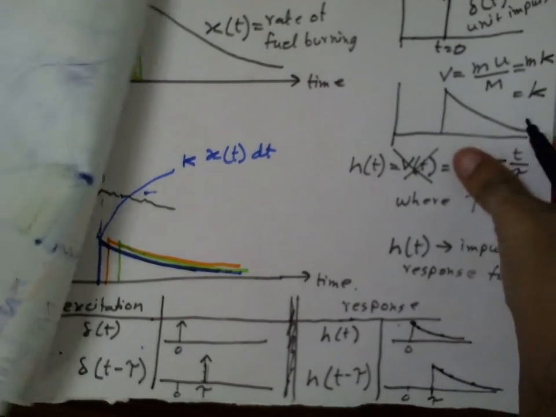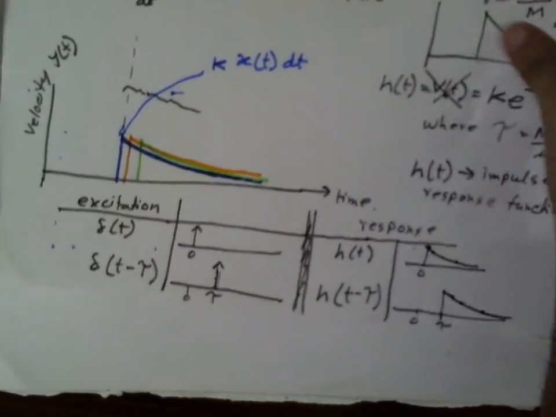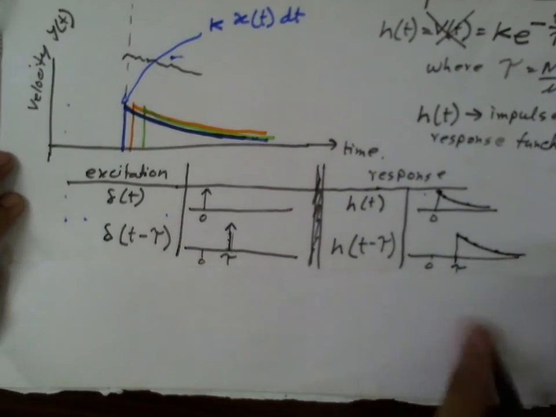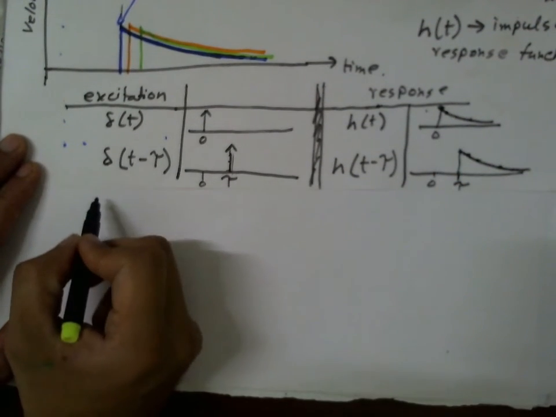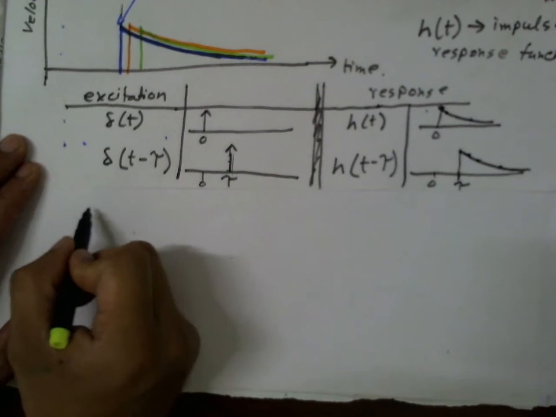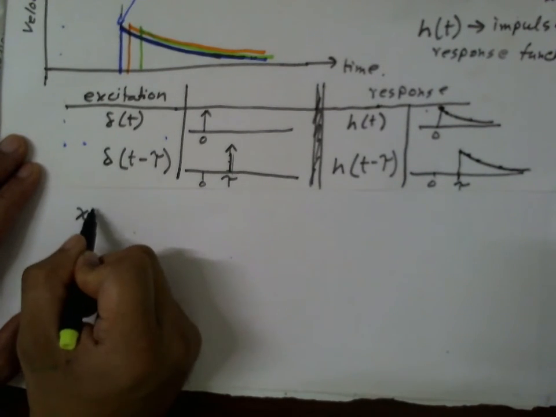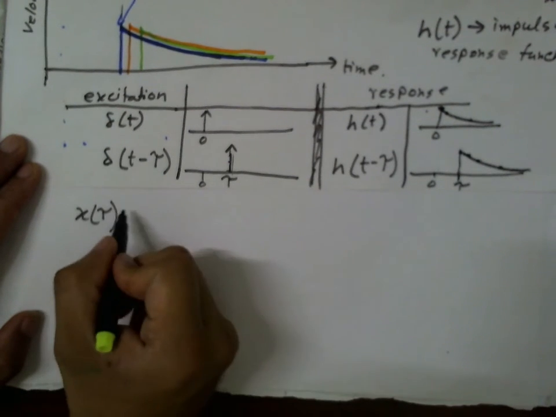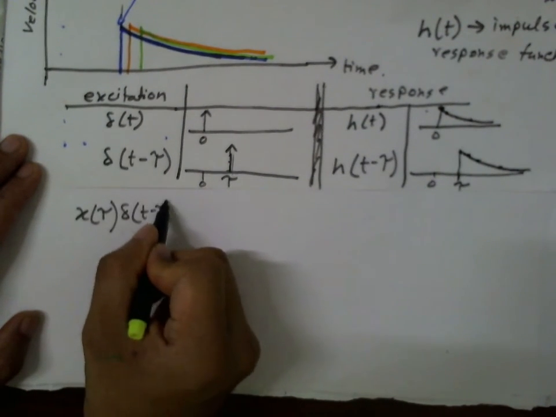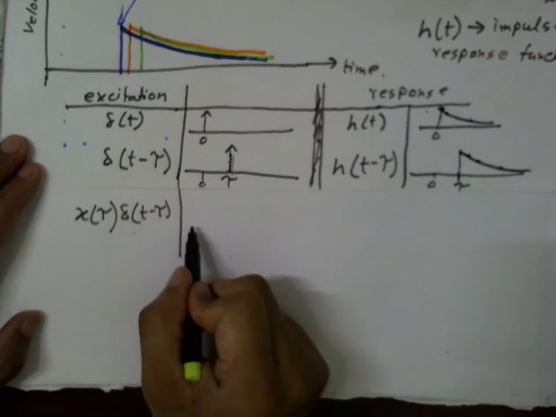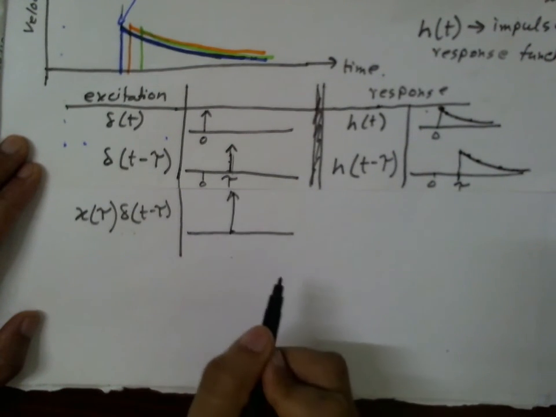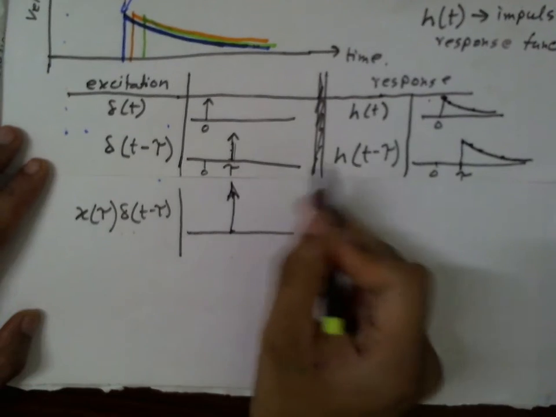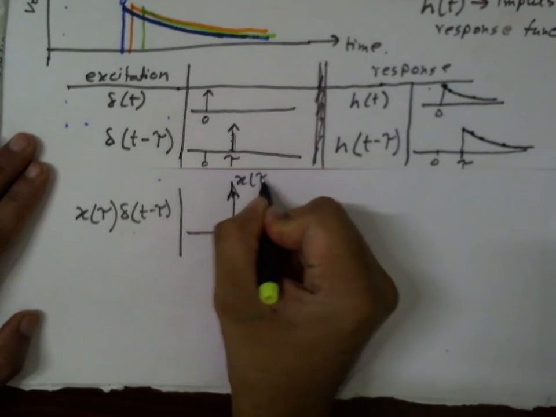Now, next, let me write it here. If I now multiply this delta t minus tau with some value x tau, okay, x tau delta t minus tau, right? So then what happens? This function is scaled up, it's enlarged by a factor of x tau, right?